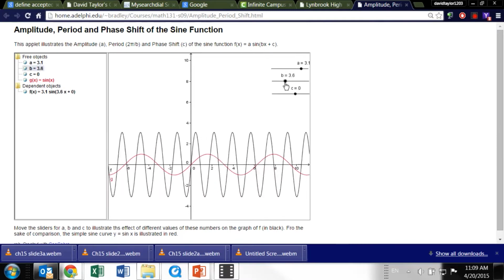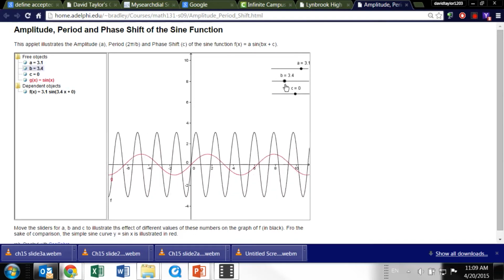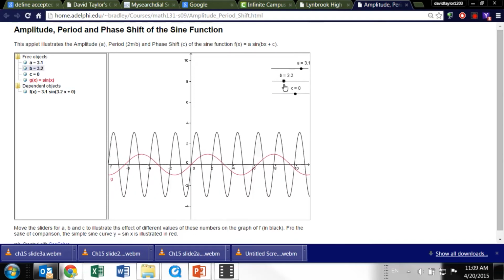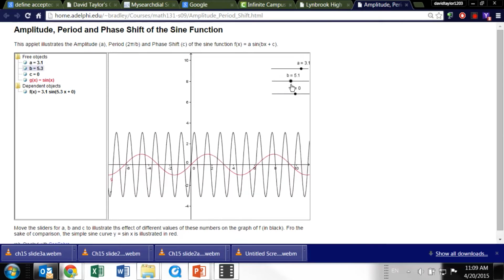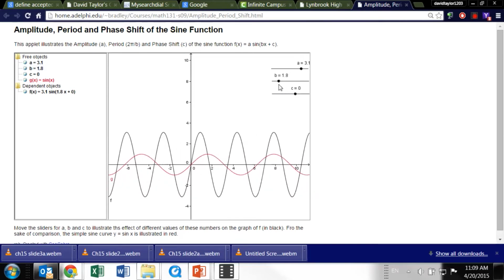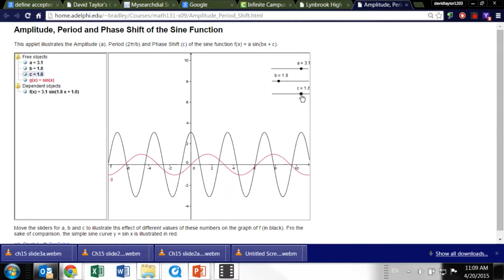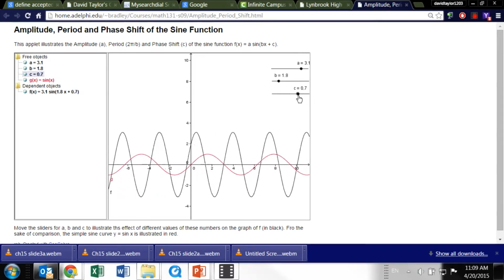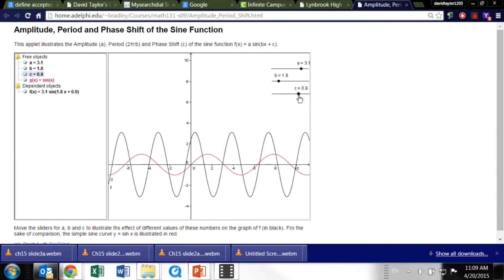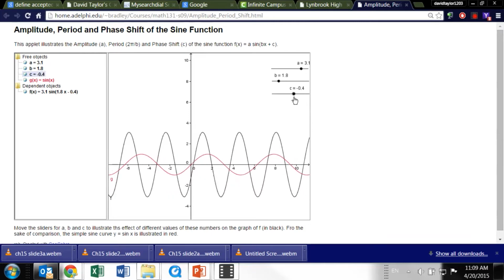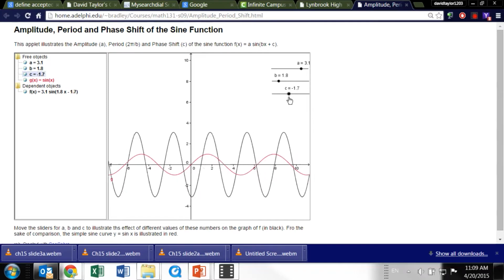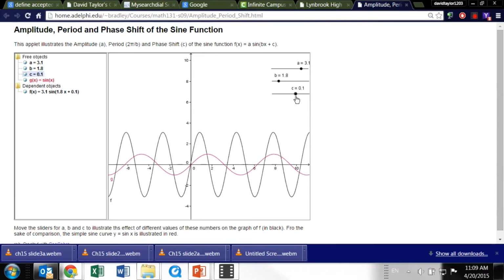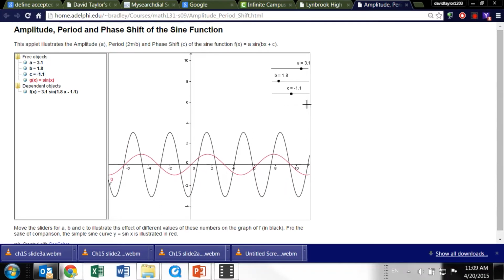And so you can see by changing that number, that changes the frequency, which also means changing the period. And then the phase, right here, as I change the phase, you can see it moves from left to right, or right to left horizontally. That's changing the phase. So you can experiment with this, and as you become more familiar with the equation, you can use this to check your understanding.